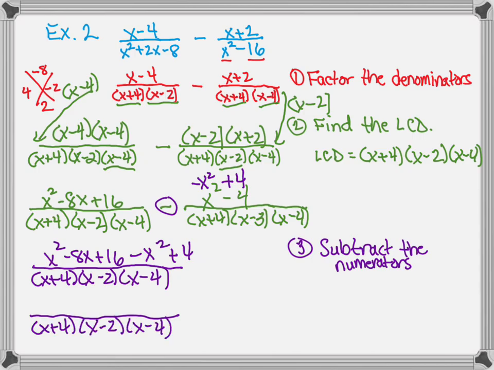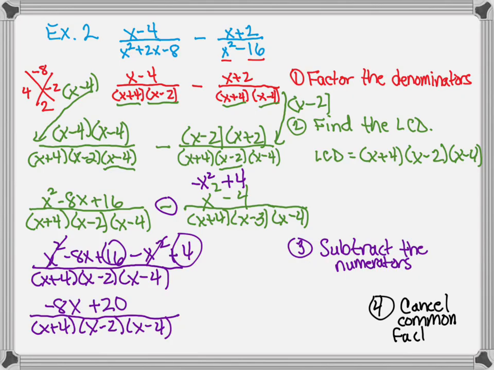So my x squared and my negative x squared cancel out. I'm left with negative 8x. And then I have 16 plus 4, which is 20. So I have negative 8x plus 20 over the denominator of x plus 4 times x minus 2 times x minus 4. And then we will cancel common factors if we have any.